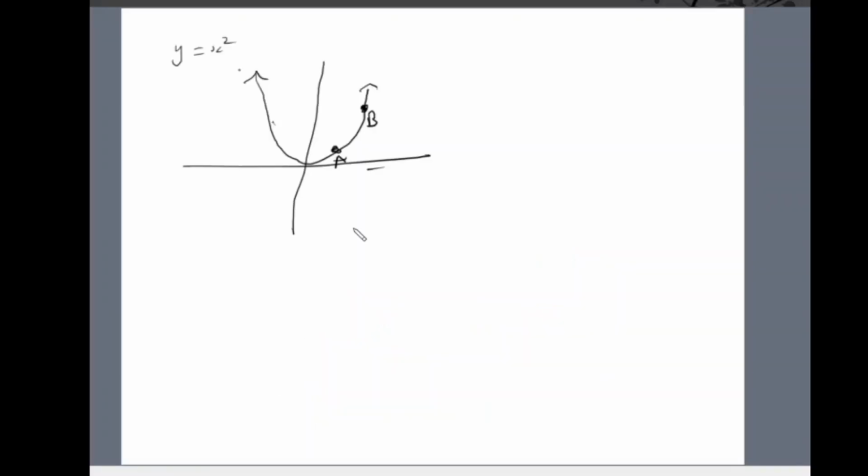So if you want to calculate the average gradient of this part of the curve, you will estimate that gradient by calculating the gradient of a straight line crossing those 2 points. That gives you an estimate of the gradient of the curve between those 2 points. It will make more sense if we do examples.